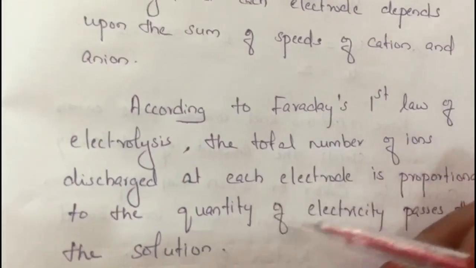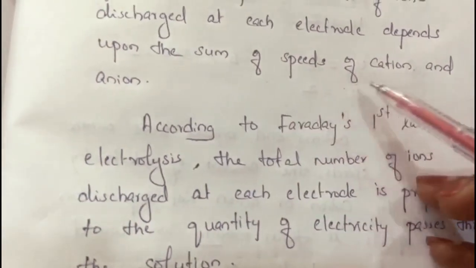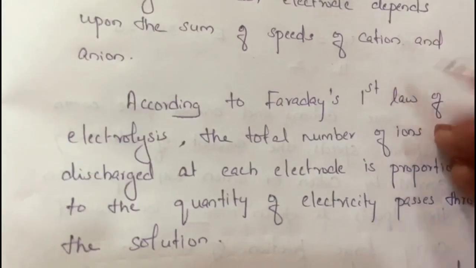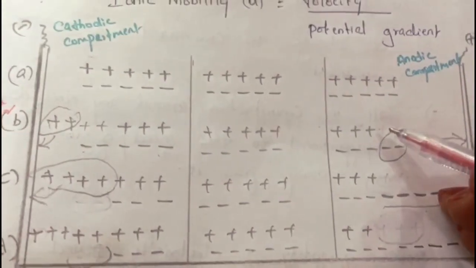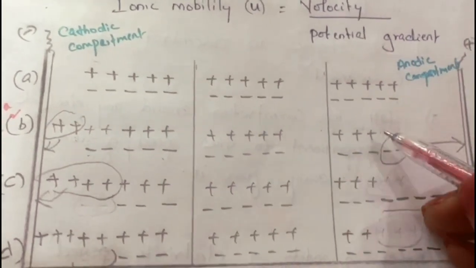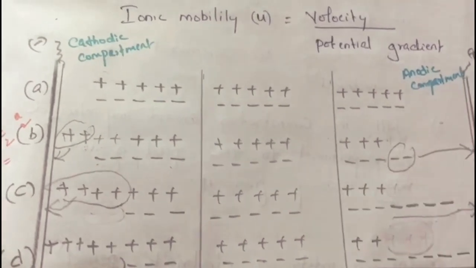So the total quantity of electricity passed depends upon the speed of cation and anion. So we can write in the second condition. What was our second condition? Our second condition was that only cations were moving, anions were not moving. So how many cations were moving? Two cations were moving and anions are not moving.